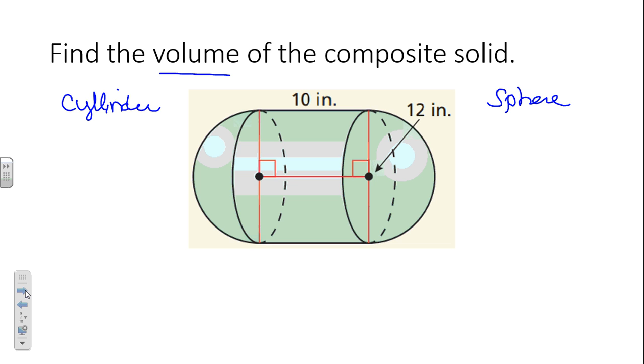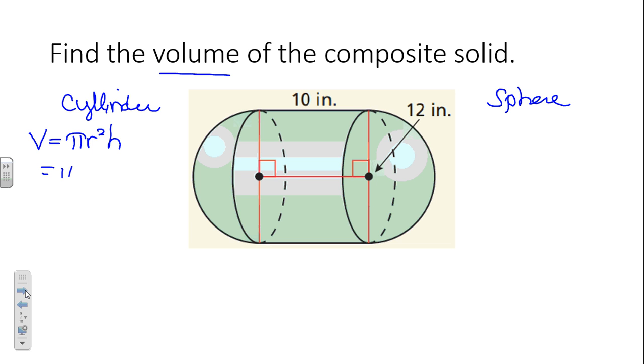So remind me, what's the formula for volume of a cylinder? Area of the base times the height, right? What's the base on this guy? Circle, right? So how do we find the area of a circle? And then we take that times the height of the cylinder.